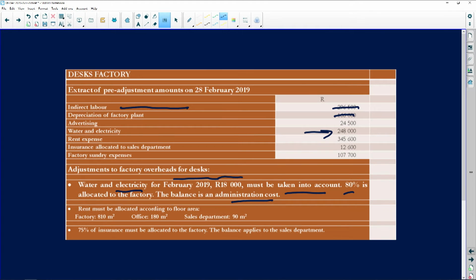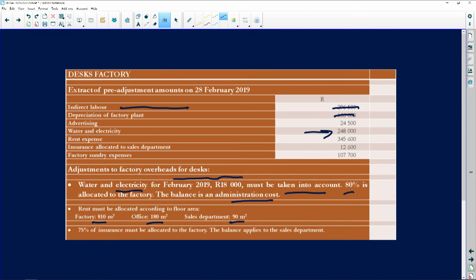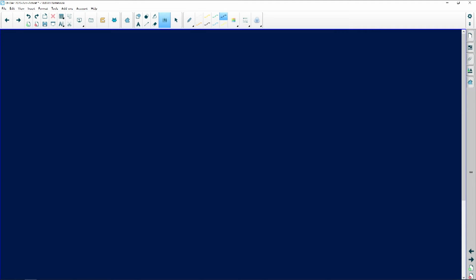Right, the next one we are told is that rent must be allocated according to the floor area, right? Okay, so what is the floor area? They're telling you 810 square meters for the factory, 180 square meters for the office, and the sales department has 90 square meters. So the first thing that you do here is add the three floor areas. What are they? Let's pick them up here. 810 square meters for the factory, right?